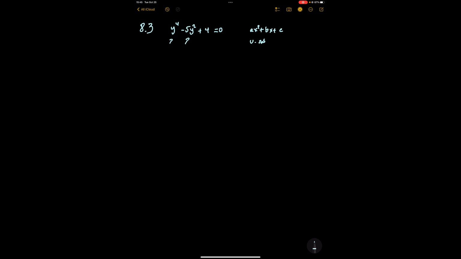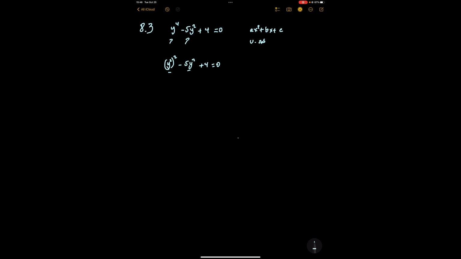So what would I do? I'm going to say this is y squared to the power of 2, minus 5y squared plus 4 equal to 0. What the u-substitution does is you get to choose which y term you want to use.